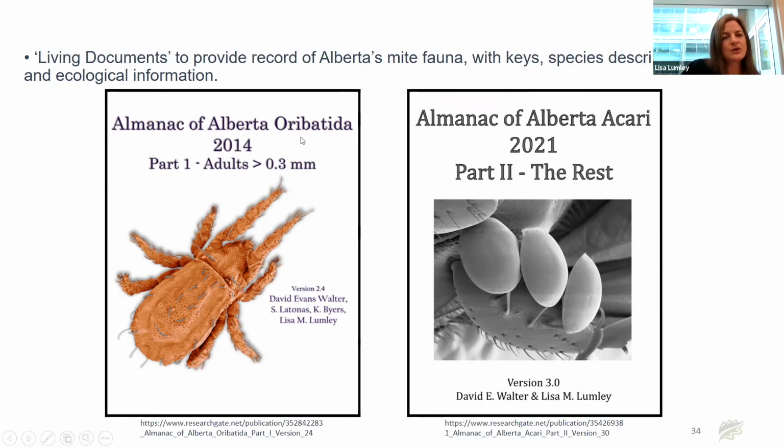The Oribatida one is especially good for having full keys and descriptions, including the morphotypes, so that we can continue to name morphotypes with the same name. This just came out at the end of August, which has updated all our records for the Acari, including those 1,376 records that we're aware of in publications and unknown or unpublished records as well.